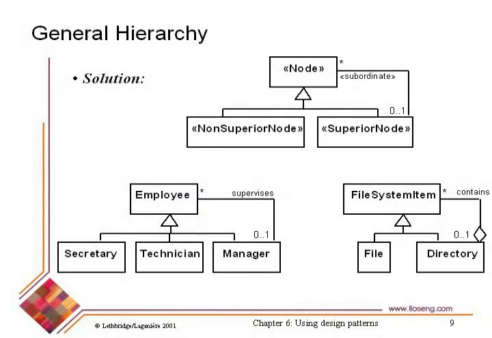We have the non-superior node classes, which means nodes which don't act as superior nodes, and which don't have subordinates, and nodes which can act as superior nodes, nodes which can have their own children in the instance hierarchy. Okay, and these superior nodes are the ones that have an association to other nodes. Okay, so let's just schematically show this on the board for just a second here.